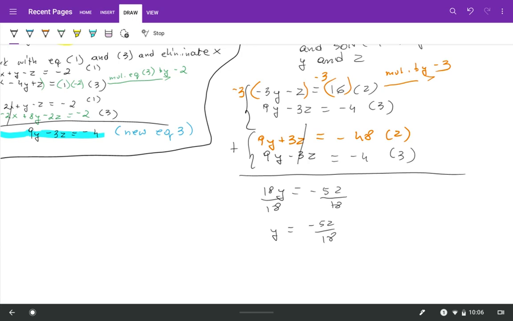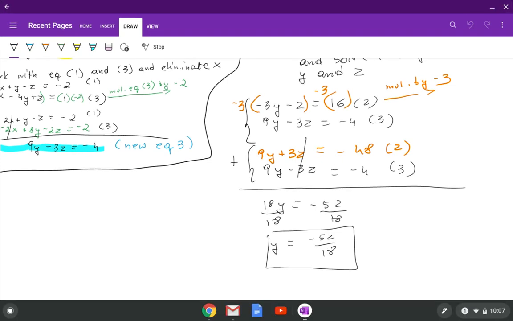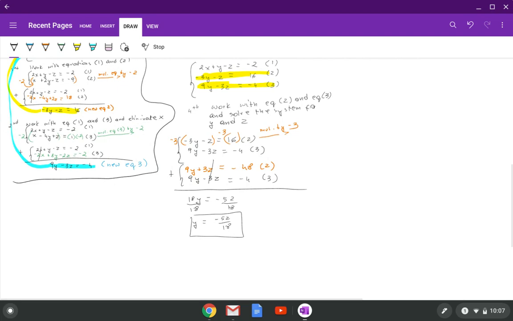Not really. 52 over 18. Let's just leave it like that. So hold on a few seconds. Let me just check. I want to make sure that the work is correct.